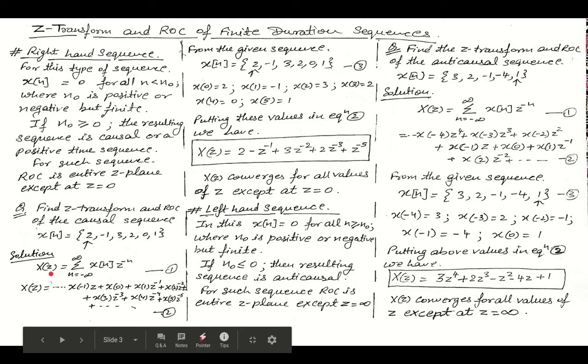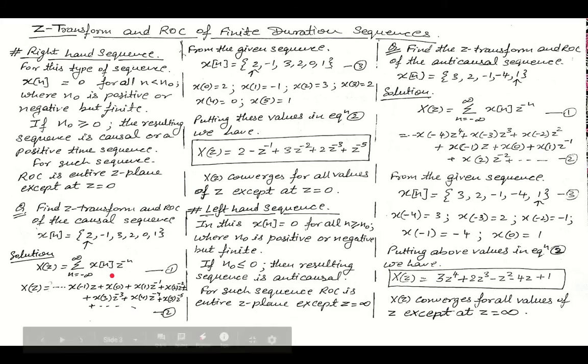Now if I expand this, X(z) may be represented as x[-1] z, and there can be other values as well, x[-2] z to the power 2 and so on, plus x[0], that is the origin, plus x[1] z to the power minus 1, plus x[2] into z to the power minus 2, and so on. So this is the expanded form of equation number 1.